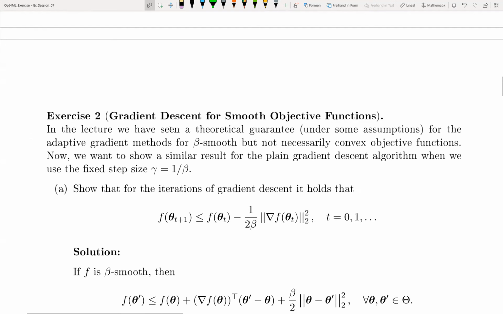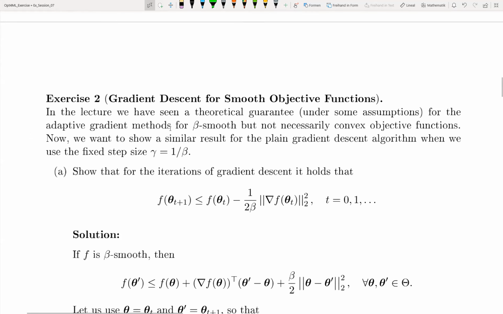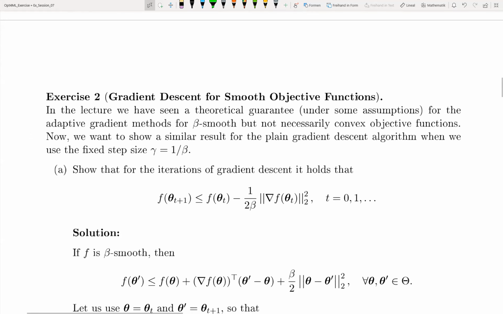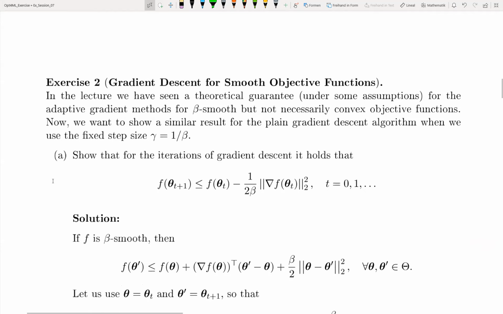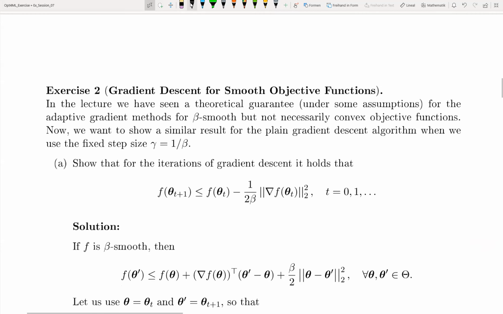So we want to show a similar result for the gradient descent when we have smooth objective functions. Not necessarily convex. This is not needed here. We don't need a convex objective function. It only has to be smooth. And the beta smoothness, not the coordinate-wise beta smoothness as we had it today, but the classical beta smoothness. Although you can also look at the case for coordinate-wise beta smoothness, but this is another story.